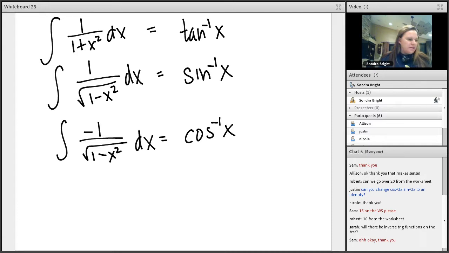Yeah, all the integration techniques are fair game. Tabular, integration by parts, all kinds of stuff. What else?